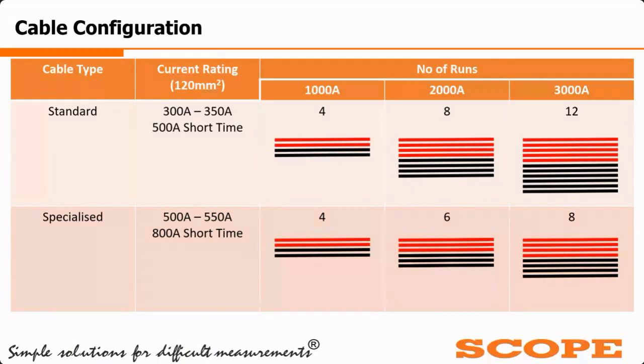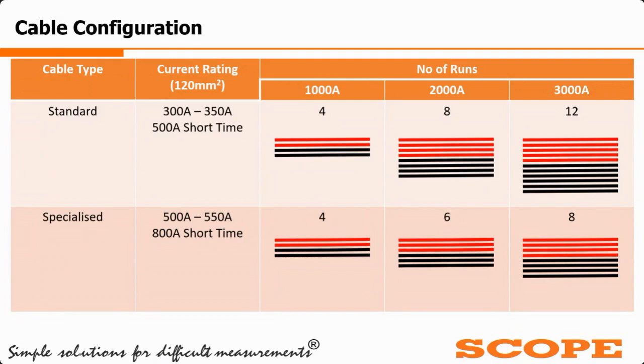For 1000 ampere current injection, about 120 square area of that cable is required. A normal standard cable can inject up to 350 ampere, in the range of 300 or 350 ampere, or for a short time, that is 5 to 10 minutes or 15 minutes, it can inject a maximum of 500 ampere per cable. So for that we require 4 cables for 1000 ampere injection.